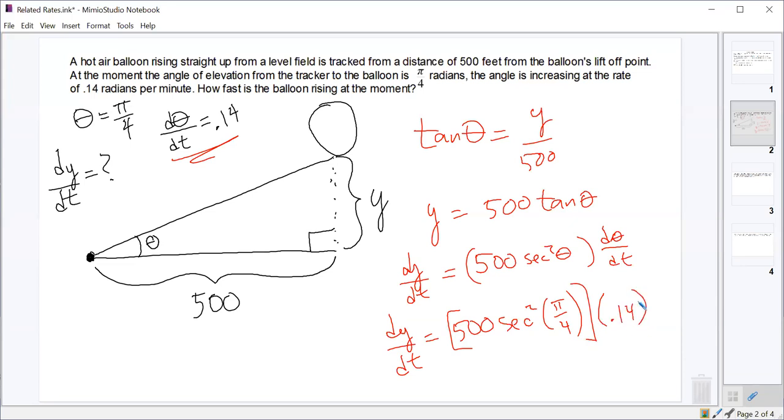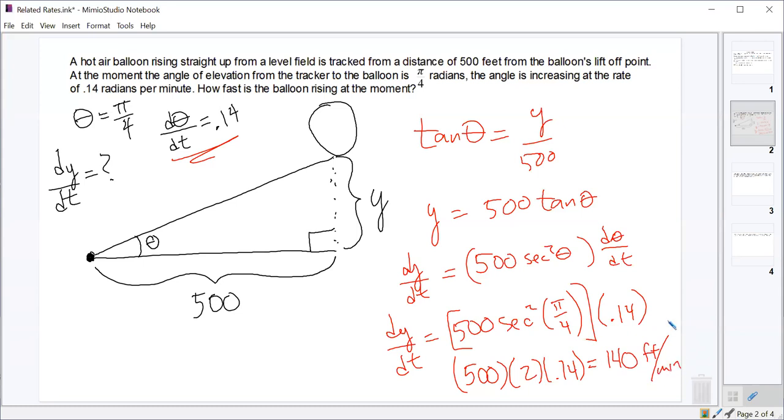And what is the secant of pi over 4? Square root of 2. And if we square that, it ought to just be 2. So we got 500 times 2 times 0.14, 1,000 times 0.14, or what does that come out to be? 140. 140 feet per minute, I believe.